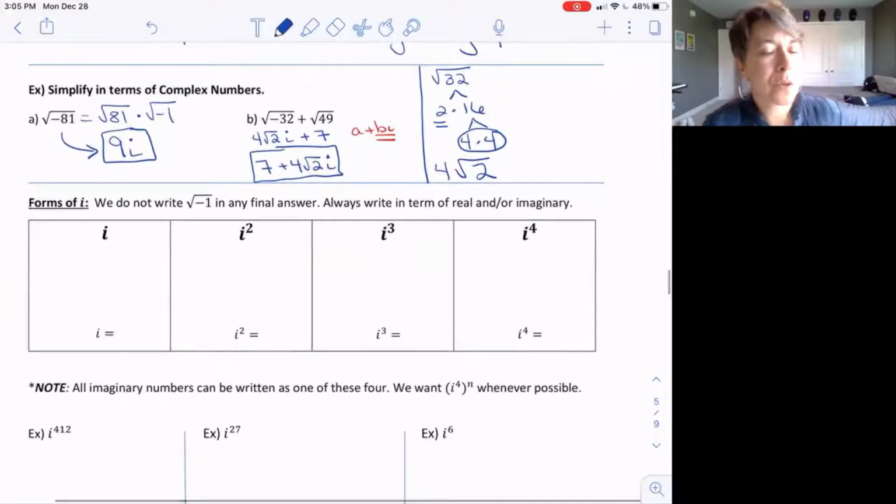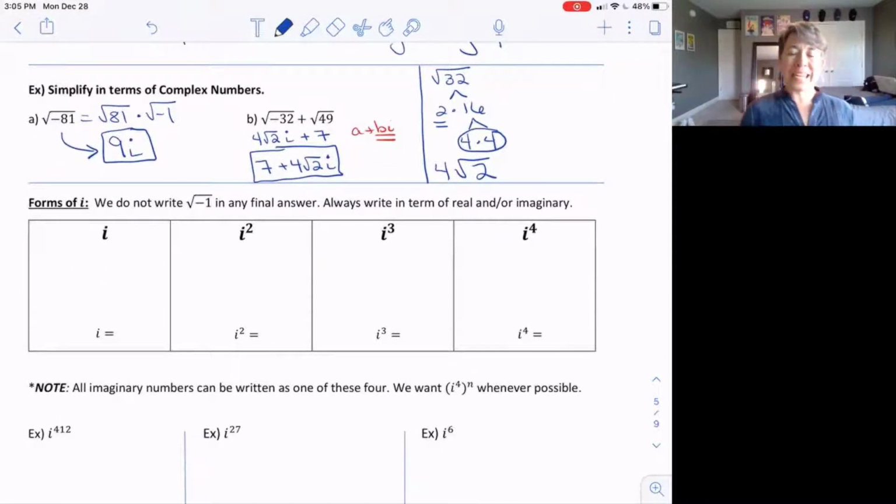Now, we do not want to write the square root of negative 1 in any of our final answers. It's either going to be a real number or we're going to write it in terms of i with the imaginary. So the nice thing about i, we know that it equals the square root of negative 1, but again, we don't want to write the square root of negative 1. So if you see just i, leave it alone.